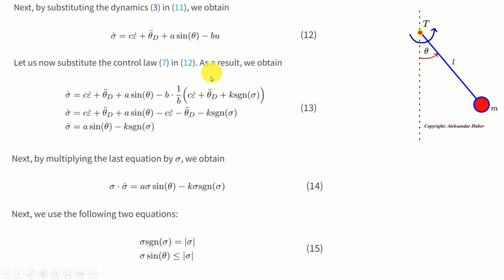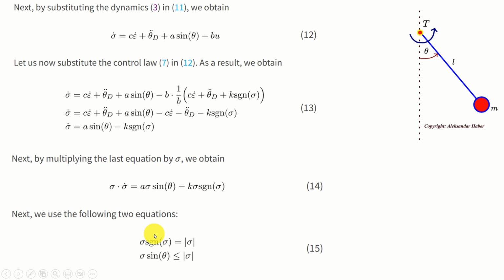If we substitute u, we will obtain this equation, then b and b can be cancelled, and we obtain this equation over here. Let's analyze what's happening over here. We can cancel this term and this term, this term and this term, and finally we are left with this term over here. Next, if we multiply this equation by sigma, we will obtain this equation over here.